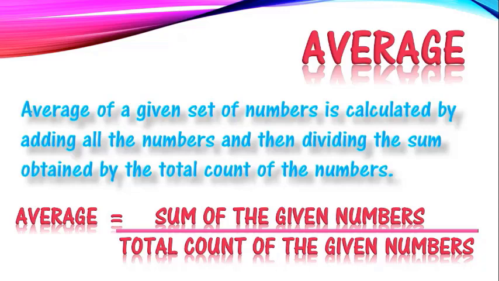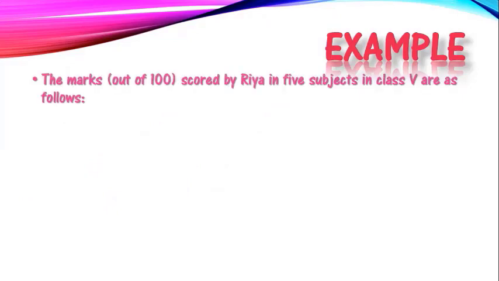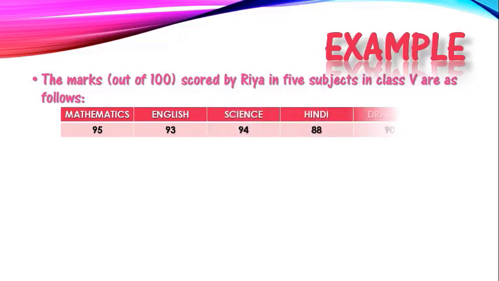Let's take an example. The marks out of 100 scored by Ria in 5 subjects in class 5 are given as follows: Maths 95, English 93, Science 94, Hindi 88 and Drawing 90.